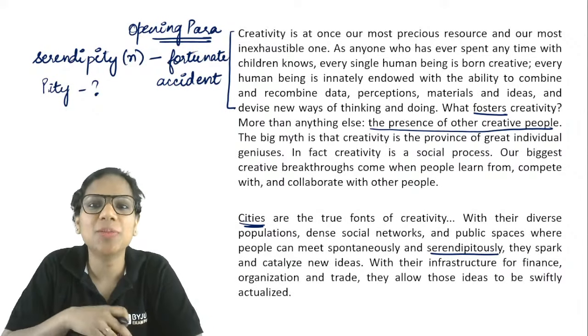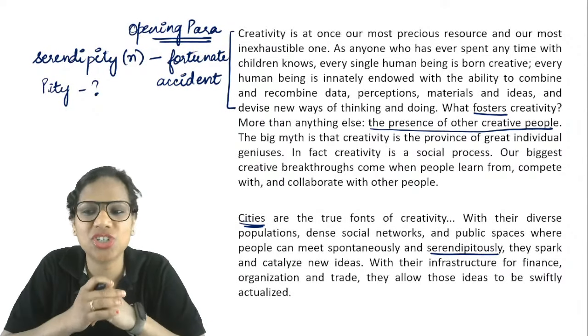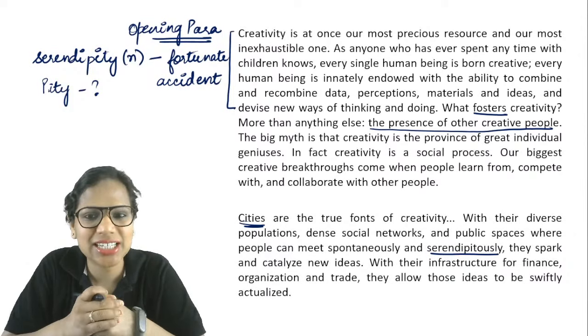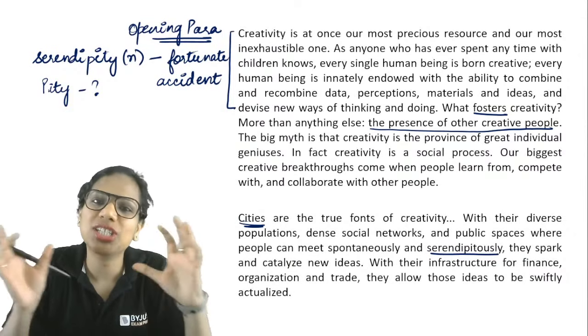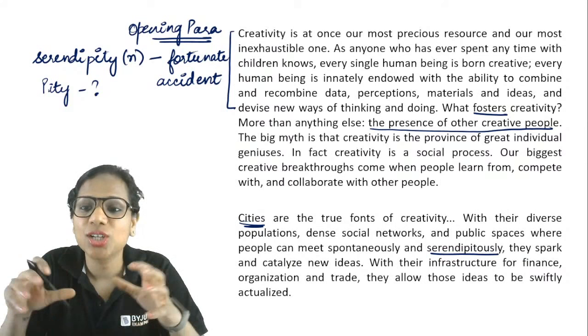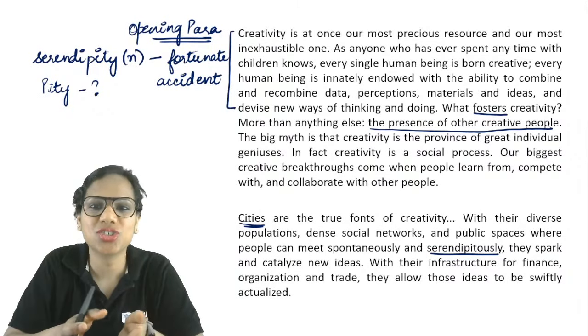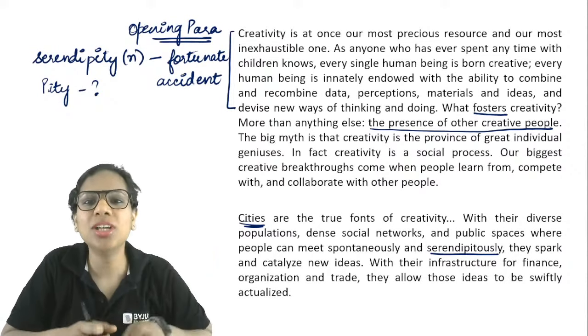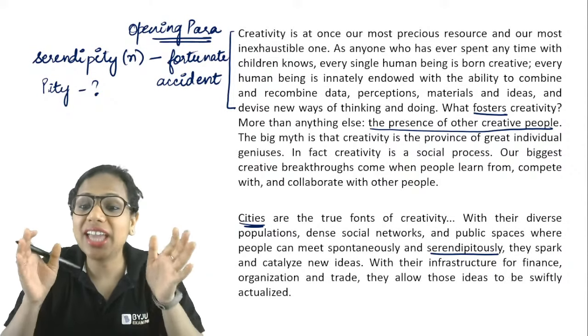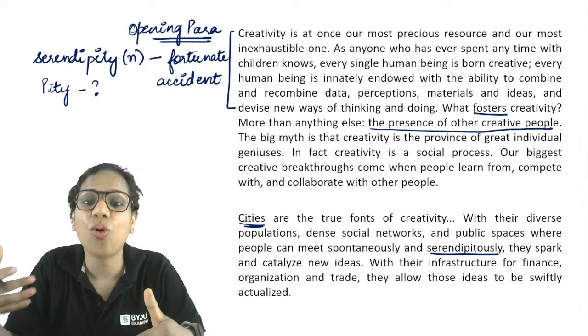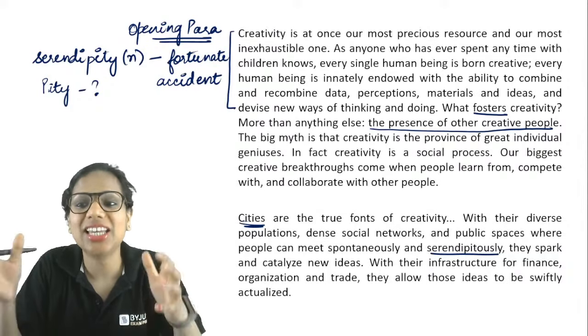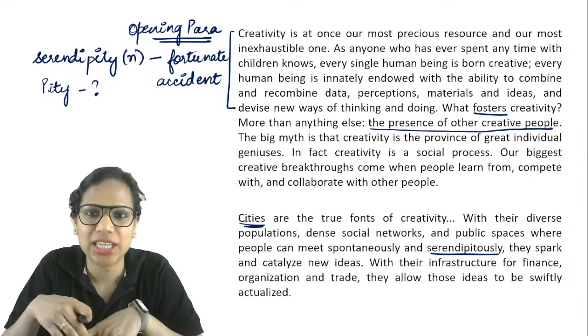Now, because nearby there's a shop, you are able to purchase the ingredients for that, right? So now you decide to bake this dish together. So the point is that in addition to that idea, you also needed that infrastructure, a shop from where you could purchase this. So with their infrastructure for finance, organization, and trade, they allow those ideas to be swiftly actualized.